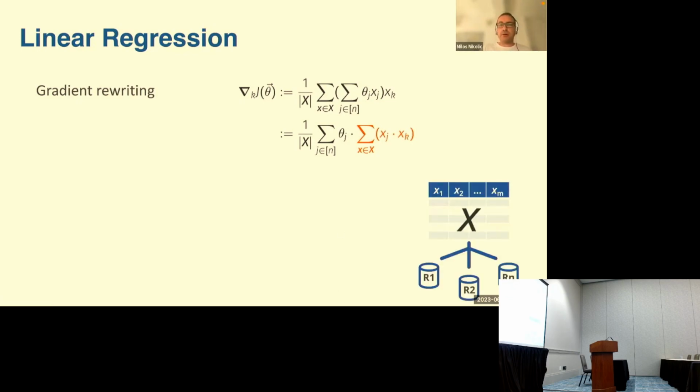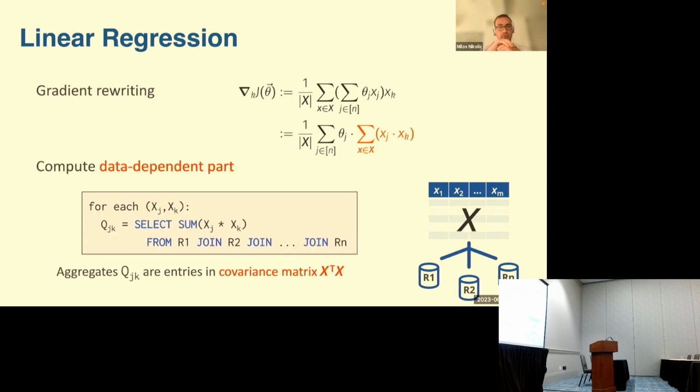Now, remember that our training dataset is defined by a database query. We can now express this computation, marked in red, as a database query in SQL. For fixed features xj and xk, we can compute this value using a SQL query that computes the sum of the products of the two attributes over the training dataset.